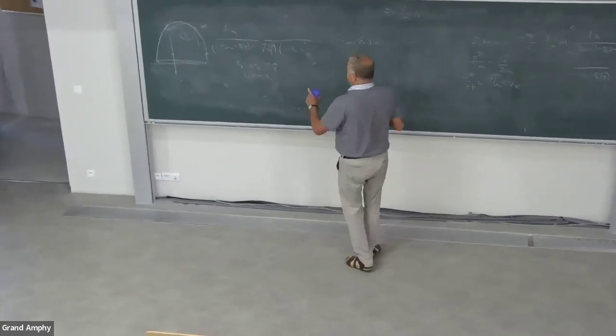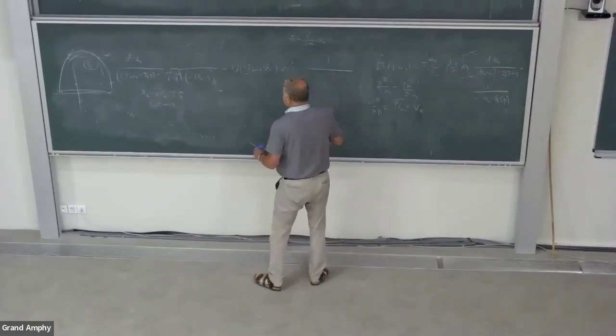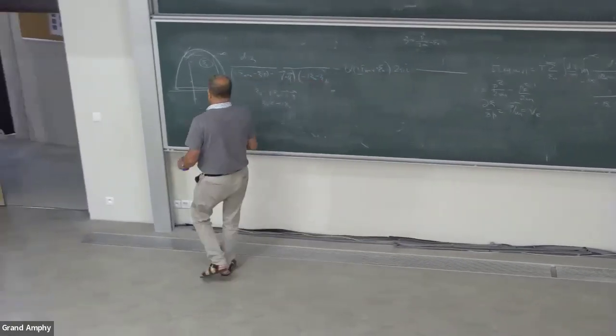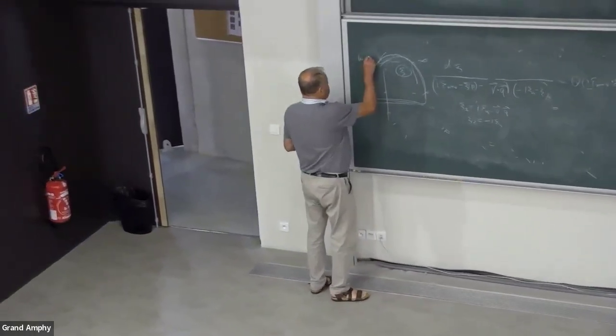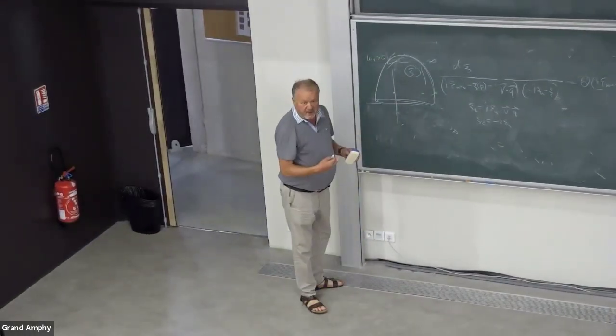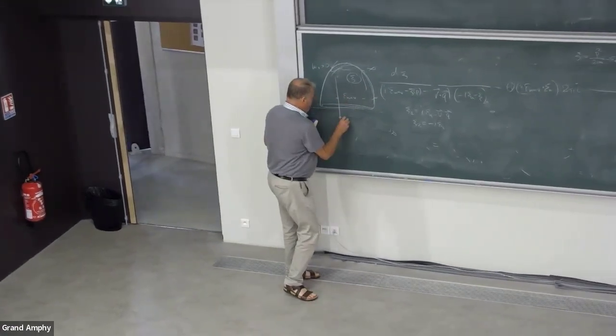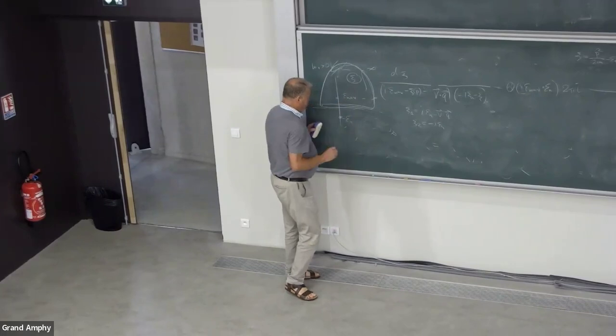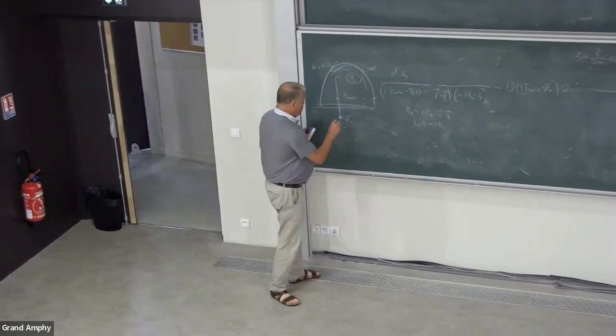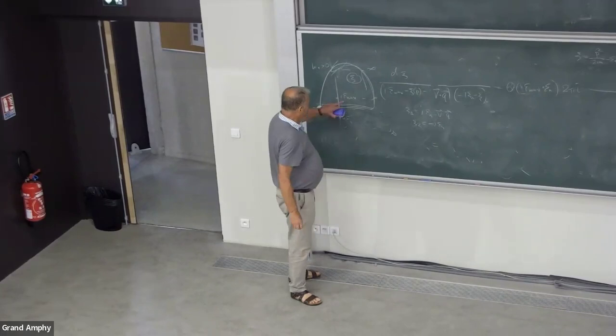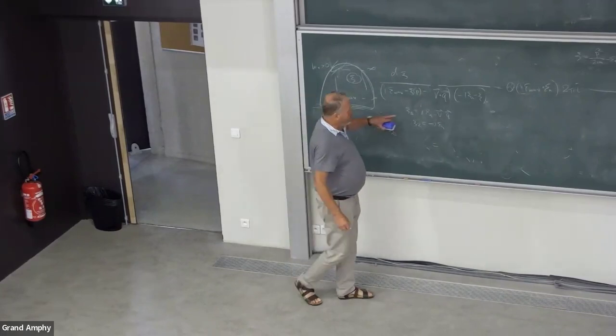So, and then it will give me, look, let's suppose that omega nu is a positive frequency. So this will be epsilon n plus nu, and this will be minus epsilon n. So I take this pole and put it here.